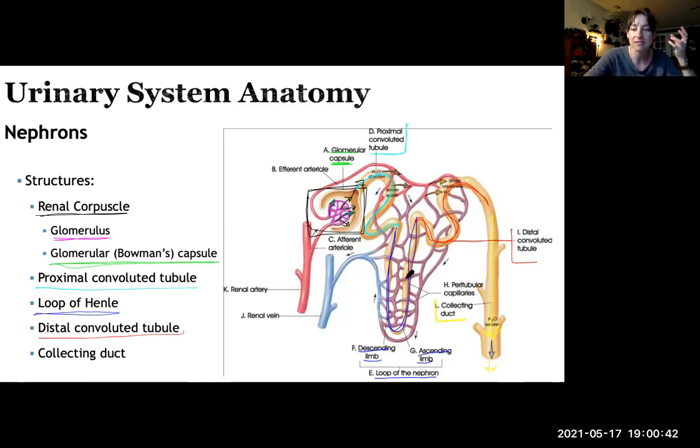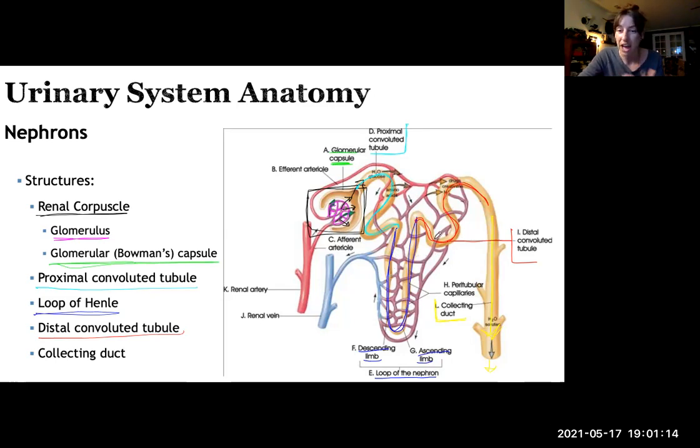So you have cells here in the walls of the nephron itself that are basically like ion pumps, or molecule pumps that are pumping things back and forth in and out of the nephron. They need to be fed, they need nutrients, they need oxygen, and they need to have their carbon dioxide and waste removed, right? So those cells are what is going to cause the blood to go from being oxygenated to deoxygenated. At the same time, we are depositing stuff that we want to keep back into the bloodstream.